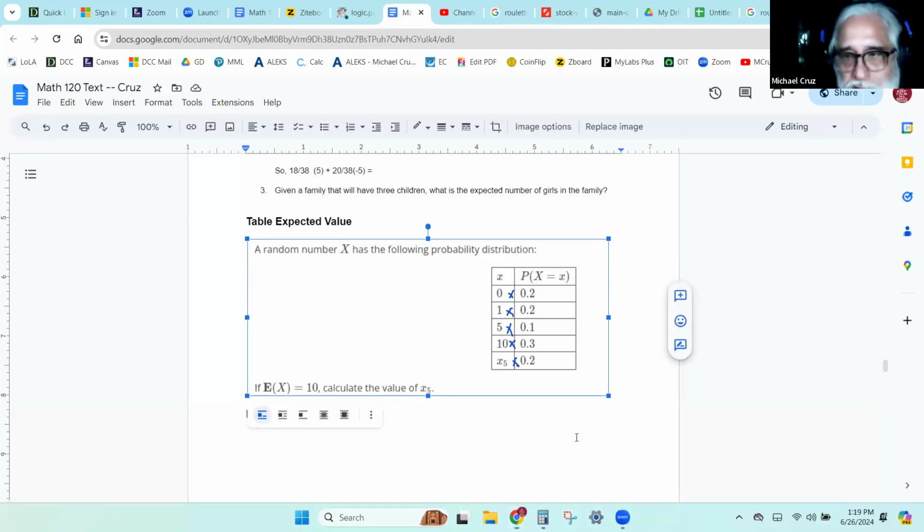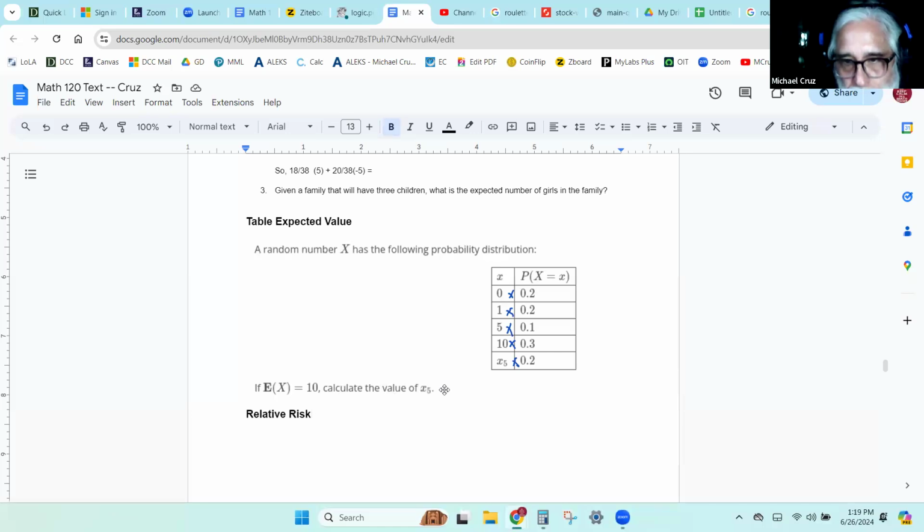Just like we did with our expected values before, because they're giving us an expected value and they're asking us to find one of the values.